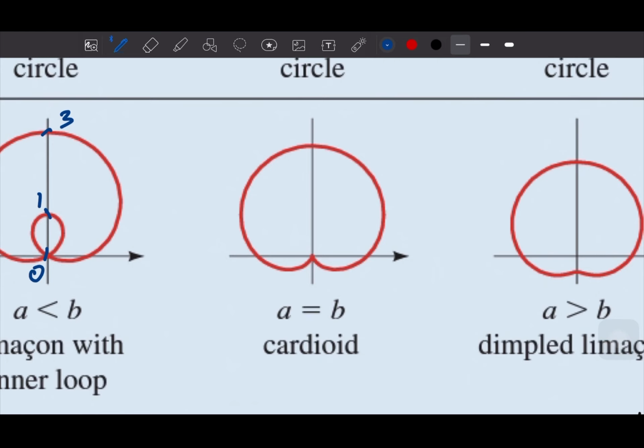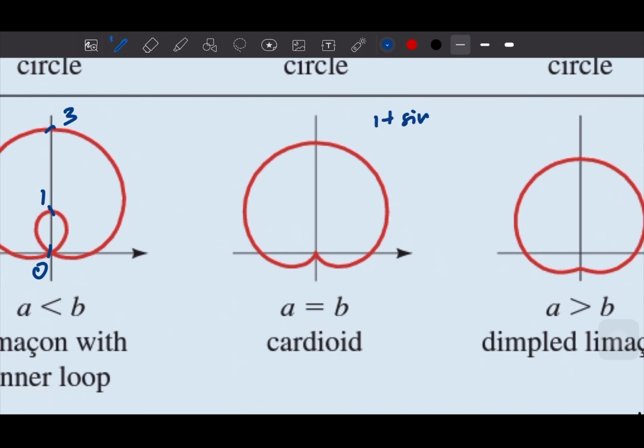It can be 1 plus sine theta, it can be 2 plus 2 sine theta, as long as A equals B. Of course, the maximum is 4, 2 plus 2 is 4. The minimum becomes 0, which is here. No loop, right? Okay, get it?